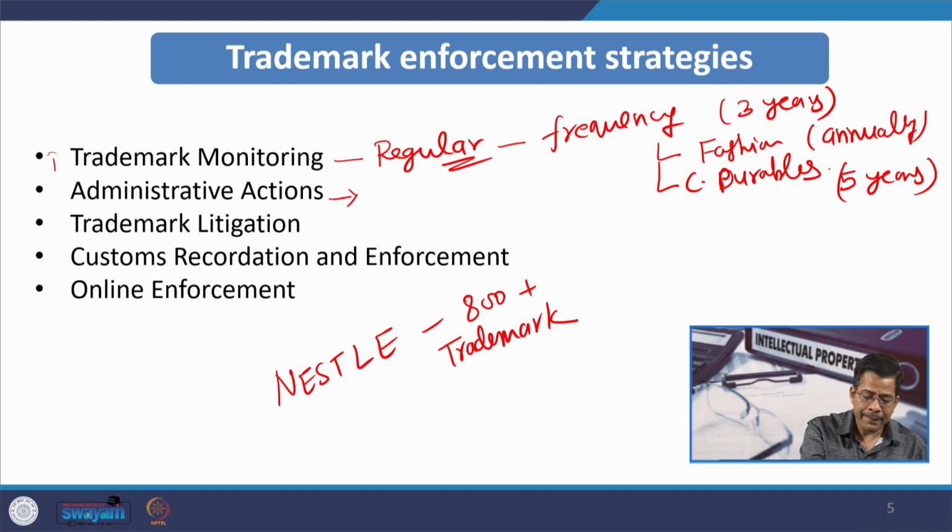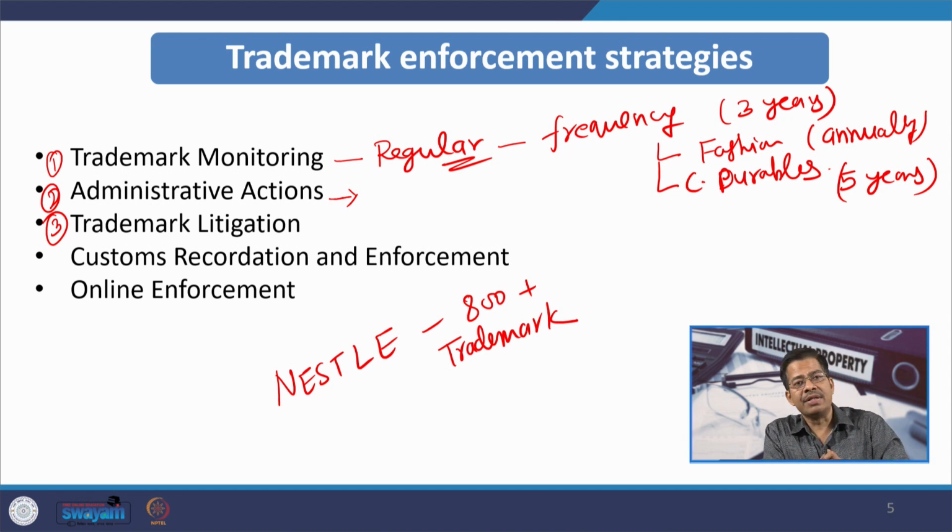Third is trademark litigations. A lot of trademark litigations happen. Sometimes you see that there is a deliberate attempt to infringe your trademark, sometimes it may be by oversight also.